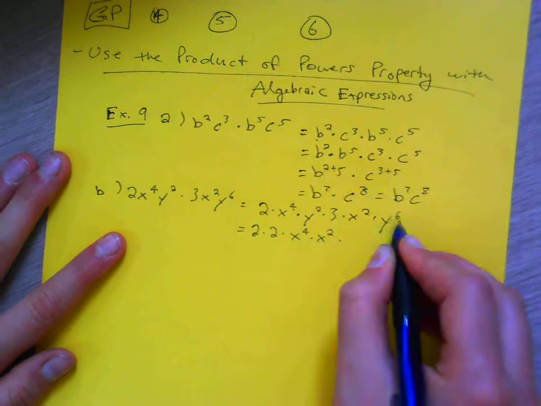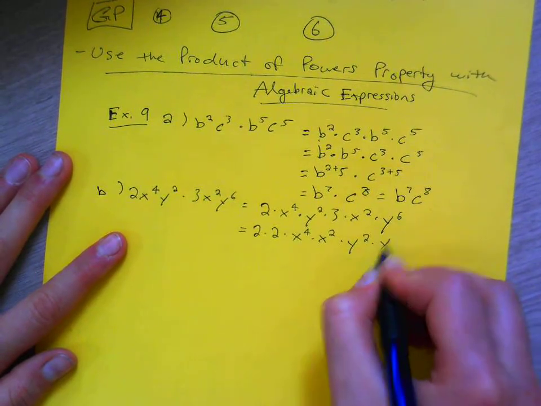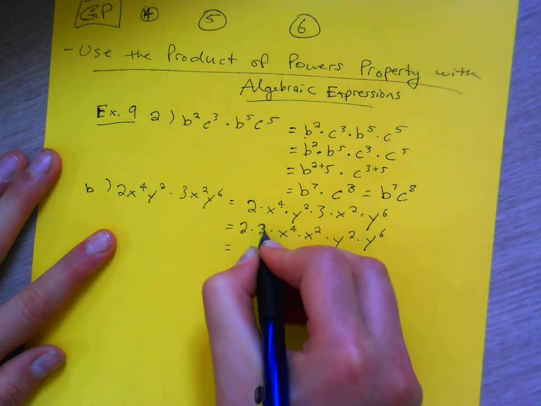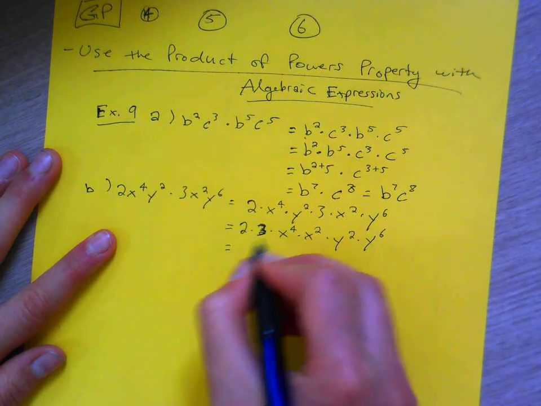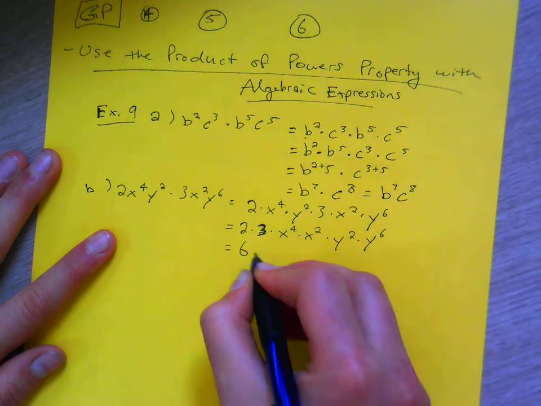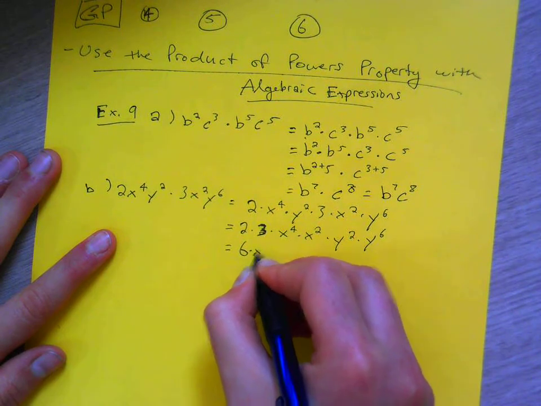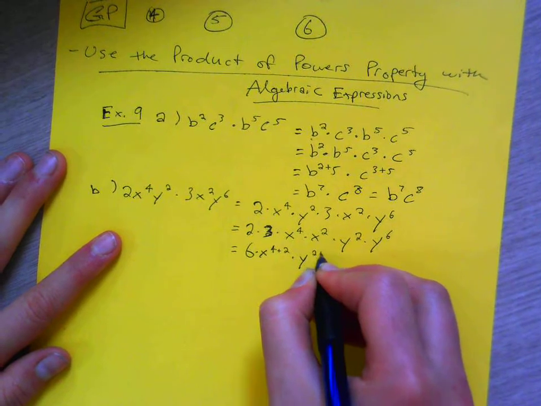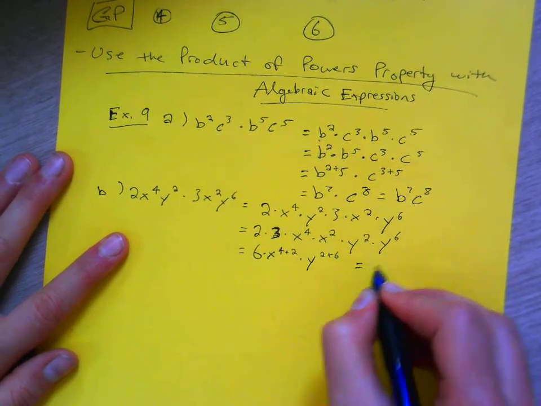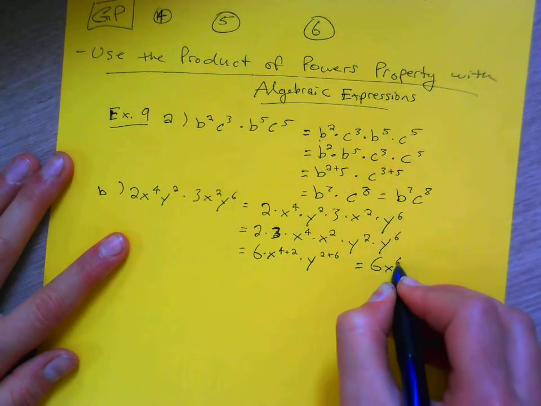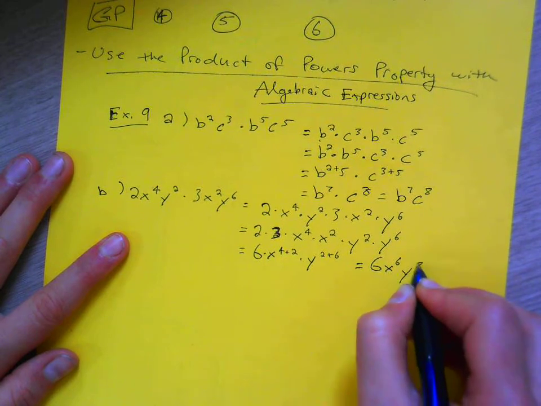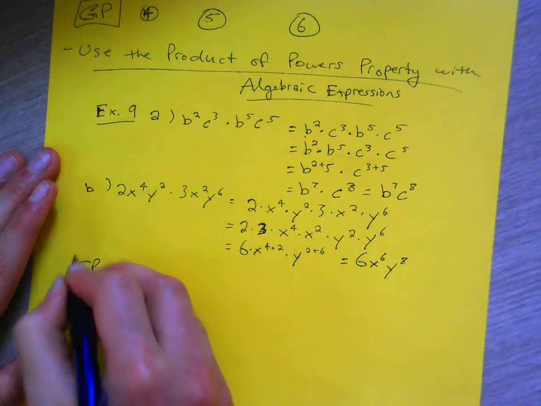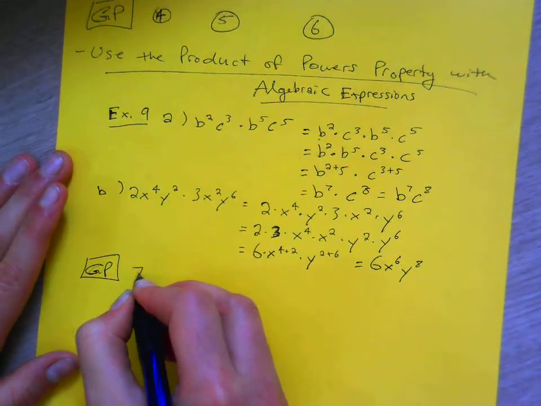Now the y's together, y squared, y to the 6th. And now let's combine. I apologize, this is a 3. 2 times 3 is 6 times x to the 4 plus 2 times y to the 2 plus 6, which gives us 6x6 y8 as our answer for B. Go ahead and pause and try guided practice 7 and 8.